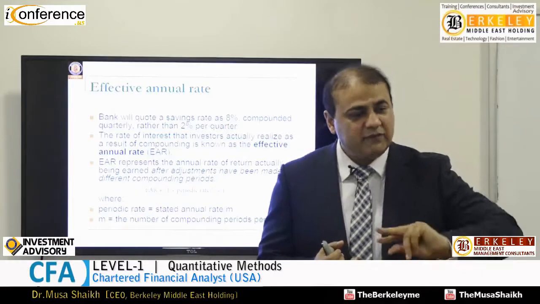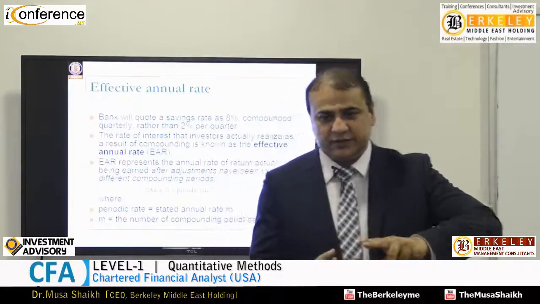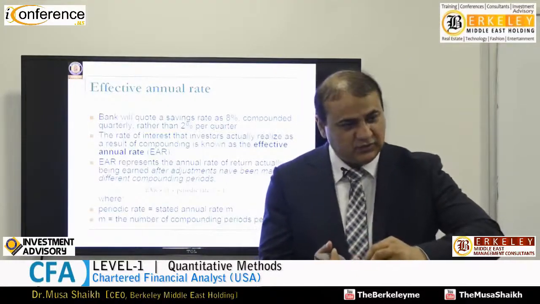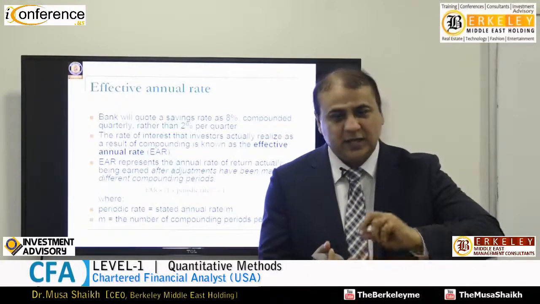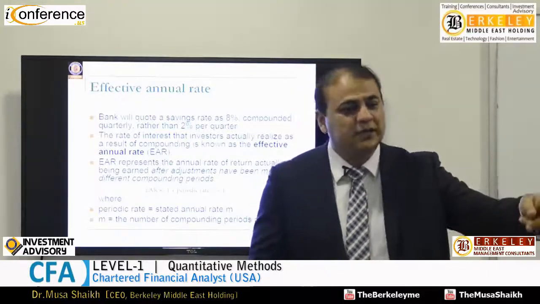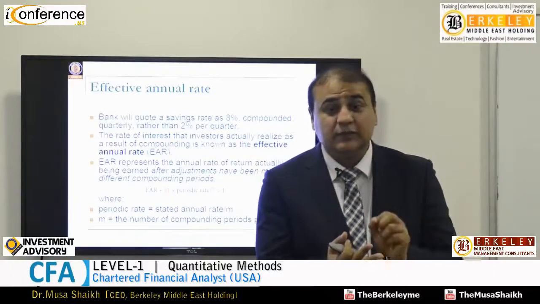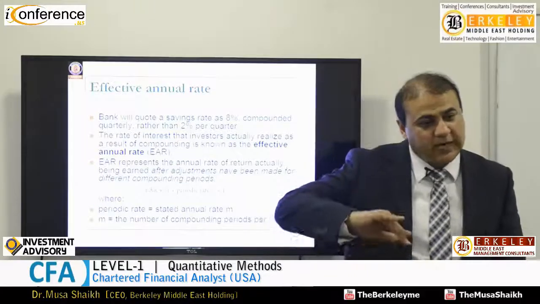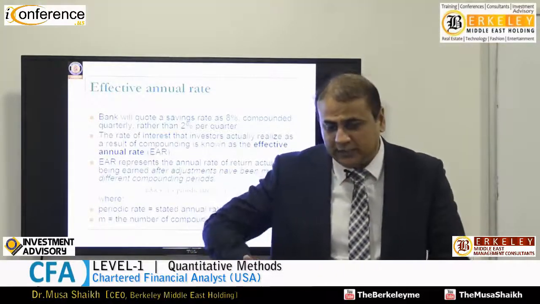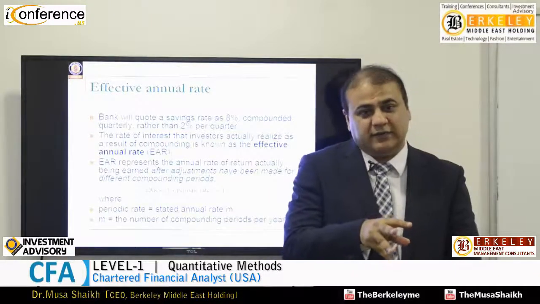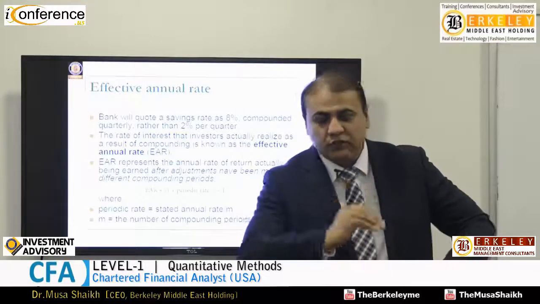After one quarter, say $1,000, 3% is 30. So the new amount after 3 months for the new 3% calculation is 1,000 plus 3% of 1,000. It means you are not applying interest only on principal, you are applying it after compounding with interest. That is called interest over interest.